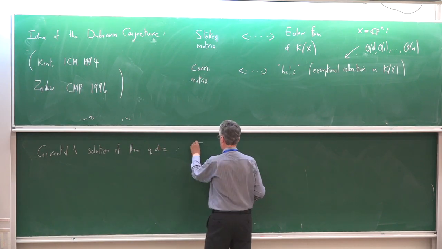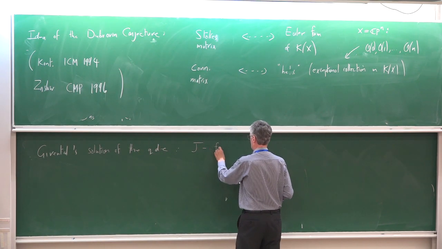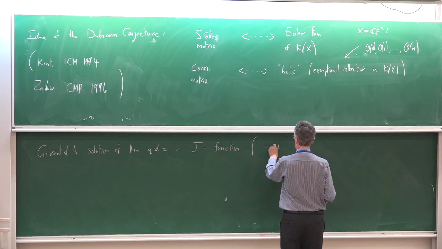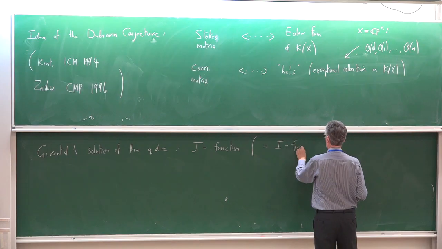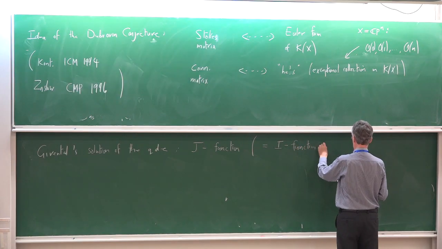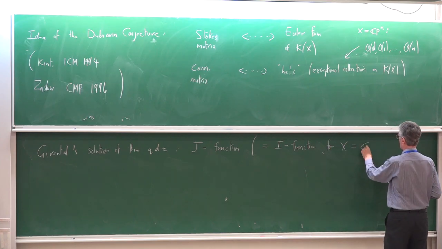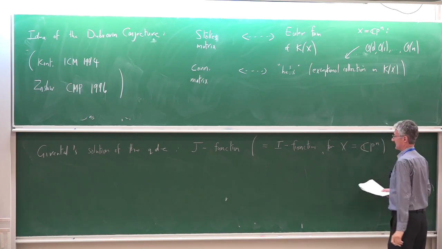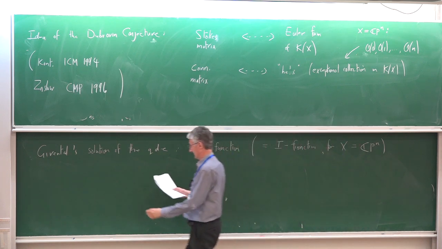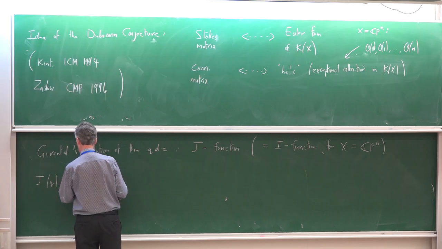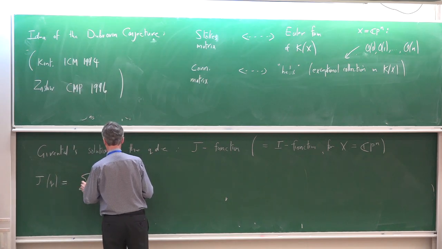So this is commonly known as the J function, or the I function, which is equal to the I function in this case. And this function is the following expression. It's a series expansion of a solution.